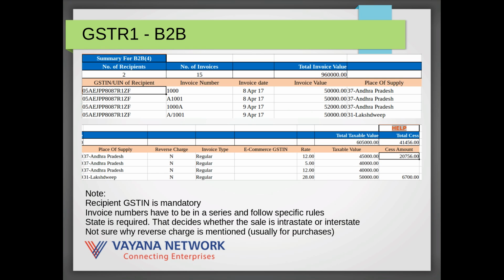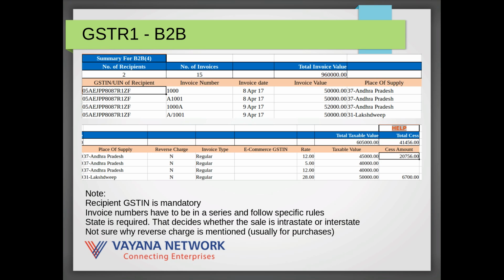So this is the first section in that particular file, and because it's very wide, I split it in two parts. So for each B2B invoice, so each time a business sells to another business, each such invoice has to be listed here for that particular month.